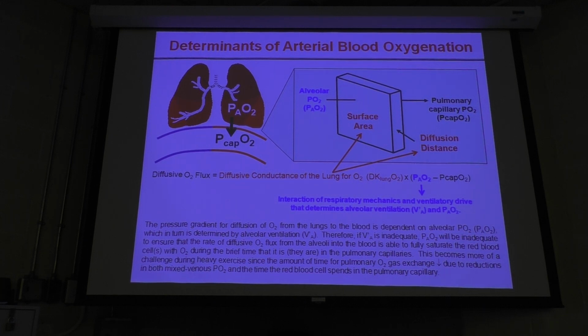But if we also increase ventilation, alveolar ventilation in particular, adequately, we can increase to some extent the alveolar partial pressure of oxygen, which further will widen the gradient and facilitate gas exchange to try to offset that shortening of the red blood cell transit time. And for the most part, these adaptations are very effective. And you don't have much in the way of dramatic disturbances in oxygen exchange.